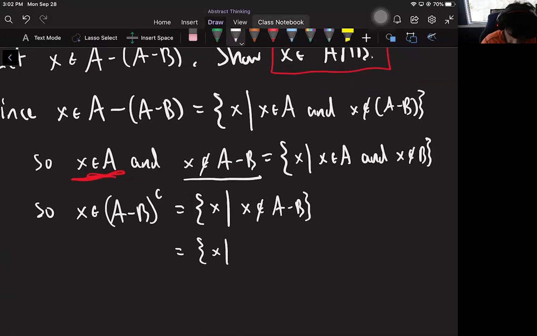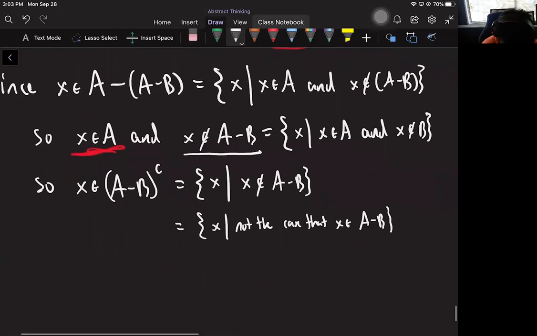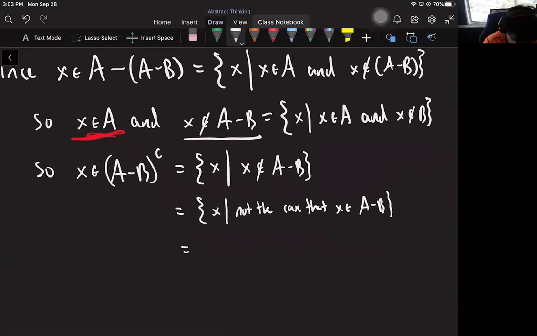That just means that the negation is true, right? So it's not the case that X is in A minus B.